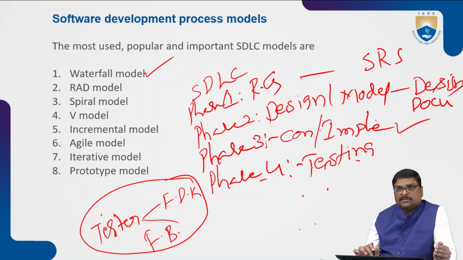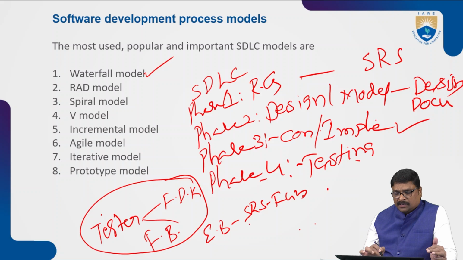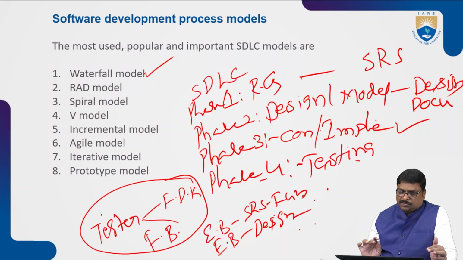The development team has developed the software. A tester has to verify whether the system is behaving as per the expected behavior. The functional expected behavior was mentioned in the SRS document. The technical expected behavior is mentioned in the design documents, which are prepared by the solution architect.